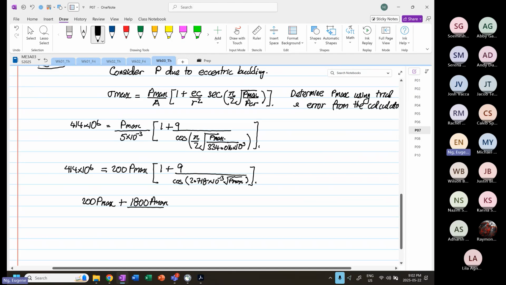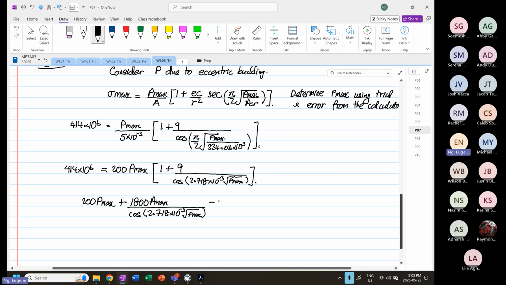And then we divide by cosine of 2.718 times 10 to the power minus 3 times the square root of P max, then close bracket.